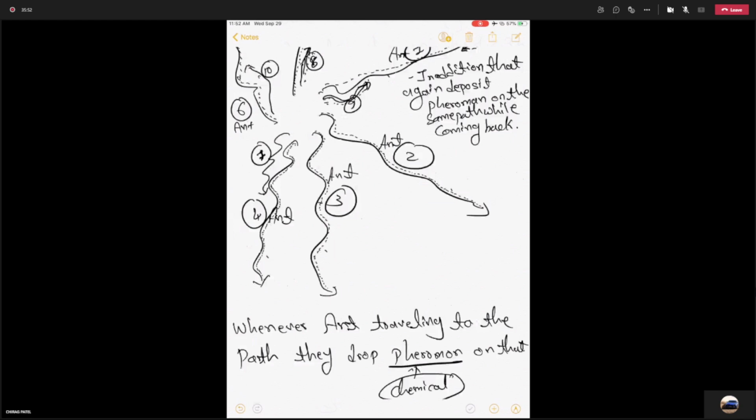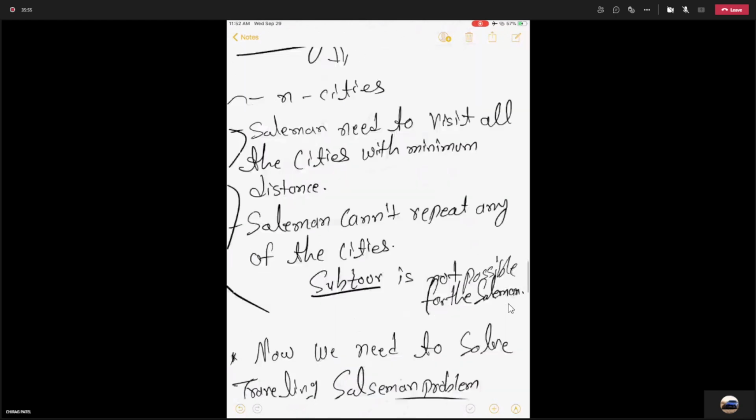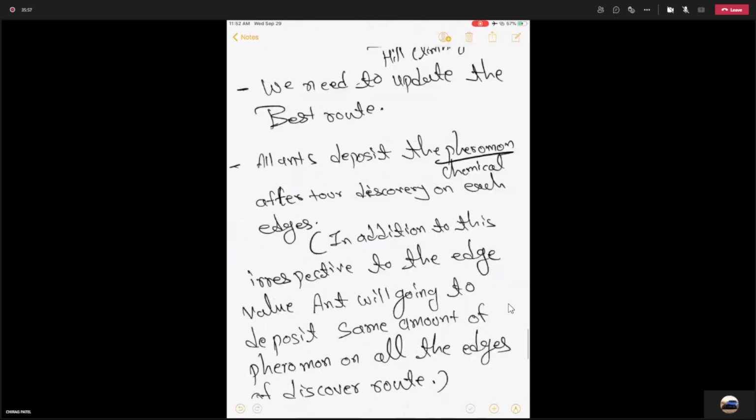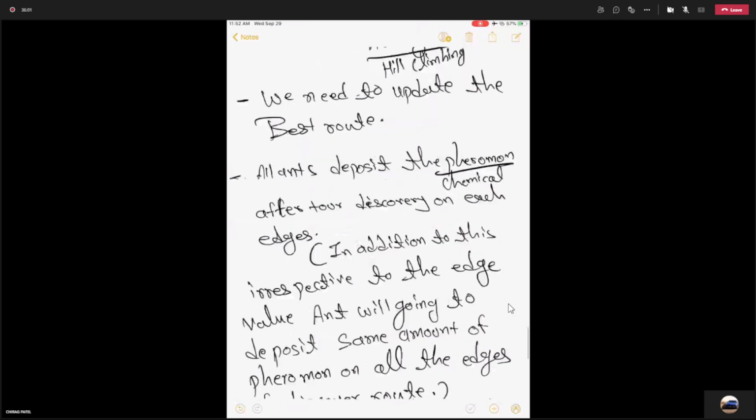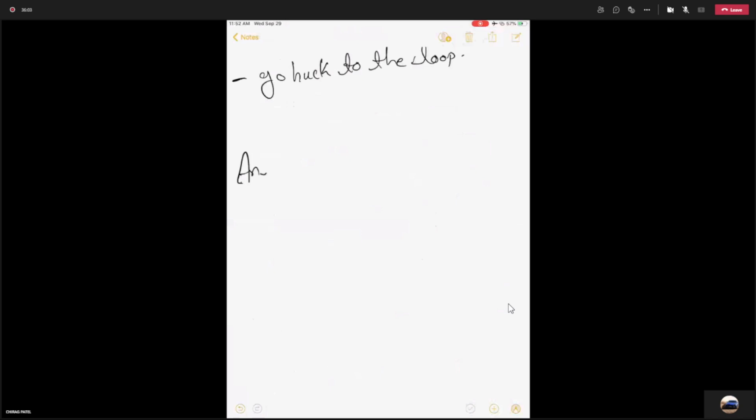If we write it down over here, we can understand. This constructed route means if the ant started the visit from the first, it visited one, then six, then five, then two, then four, then three.